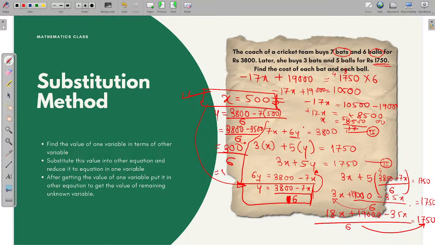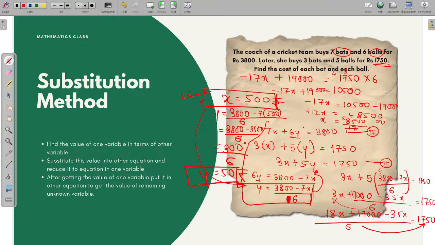And we get 50 as our answer. Correct? Clear? So the value of each ball is 50 rupees and the value of each bat is 500 rupees. Hope you got the answer. This method is known as substitution method.